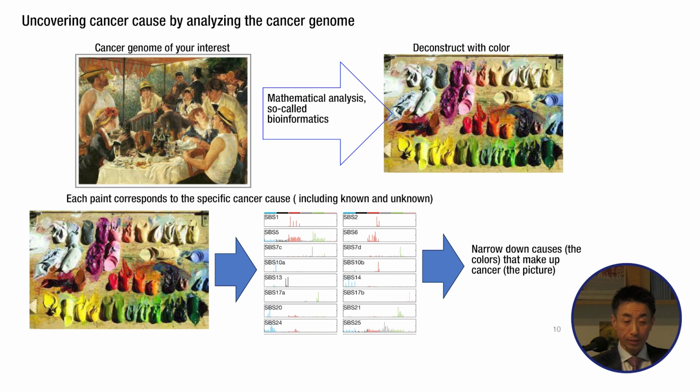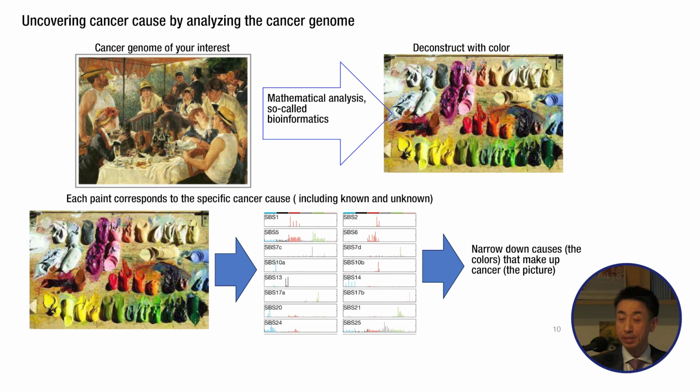So my analysis is uncovering the causes of cancer through the analysis of cancer genomes. One way to think of it is that if a cancer genome is like a painting, we can deconstruct the painting into colors by some mathematical analysis, and then each color is linked to a specific cause of cancer.